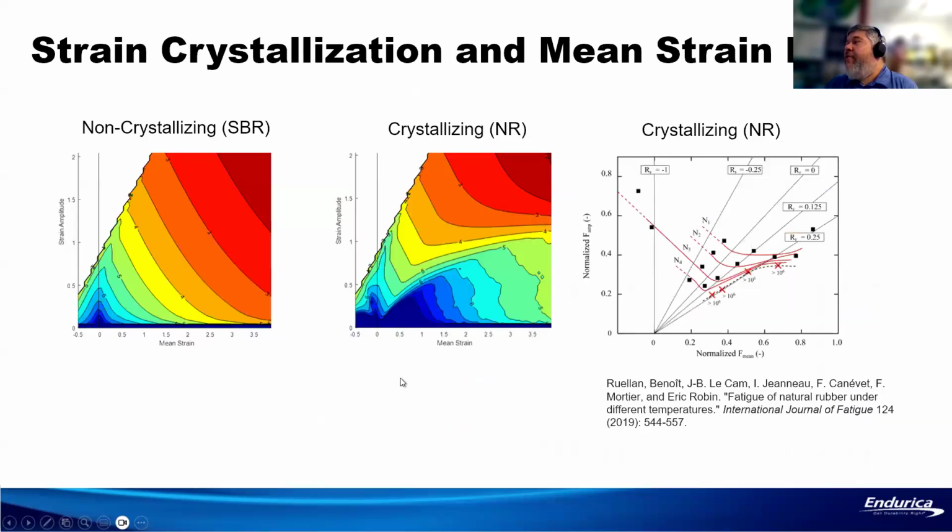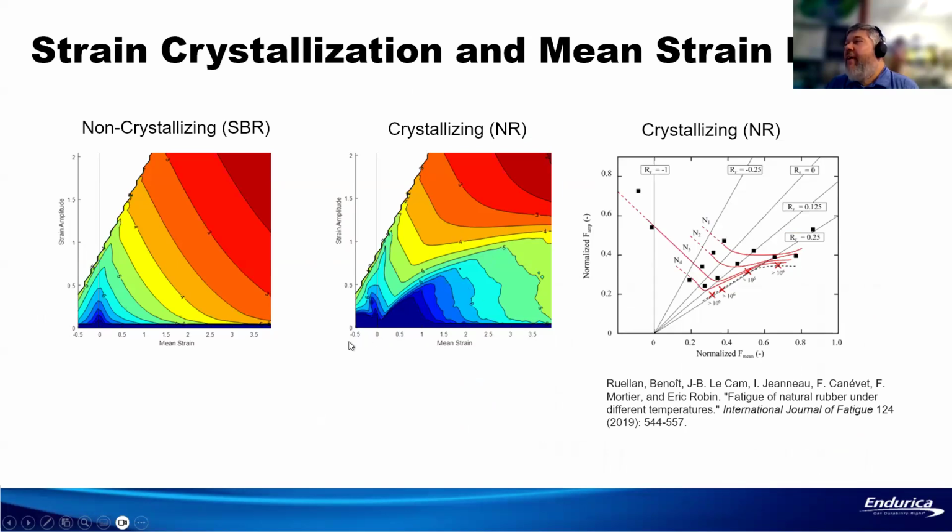Talking more about the mean strain effect, you can plot the mean strain effect out in the form of what's called a Haigh diagram. So here I've plotted the Haigh diagram for the non-crystallizing rubber on the left and for the crystallizing rubber on the right. You can see quite a big difference, right?